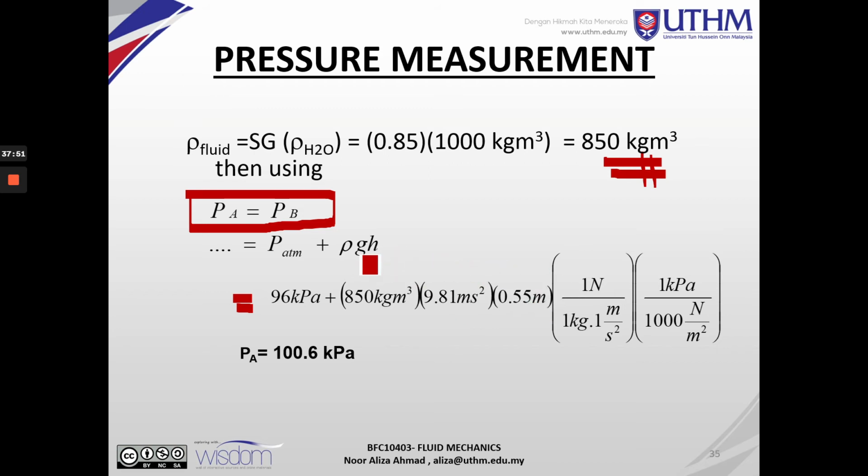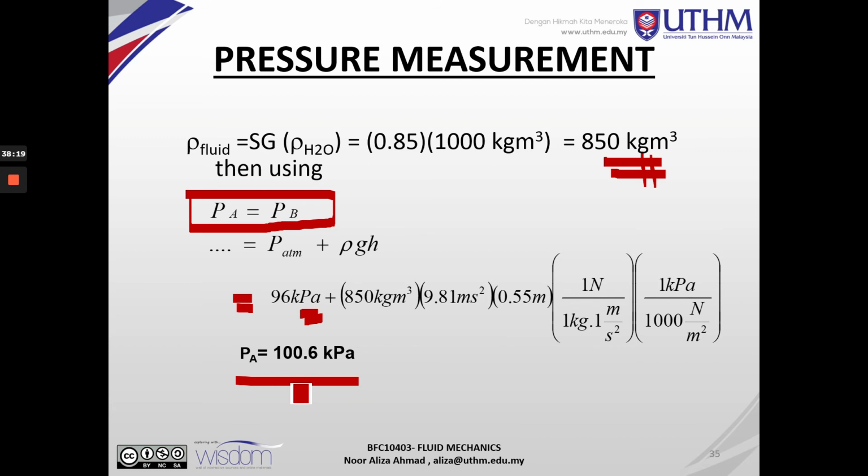So this rho G H is in units of Newton per meter squared, or pascal. To convert the kilopascal to the same unit as this, you must use this unit conversion. That's why you must use this conversion to get the kilopascal.